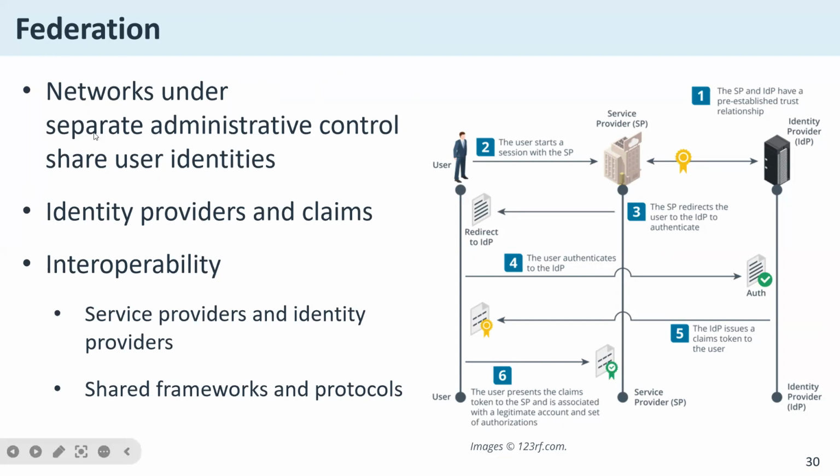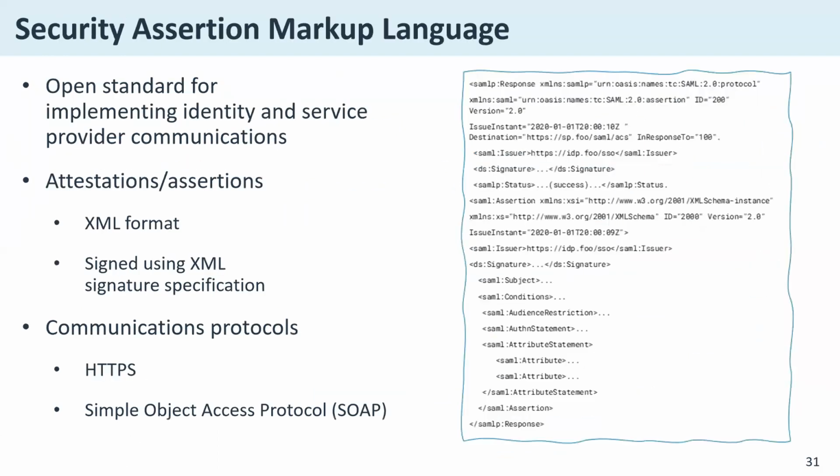Networks under separate administrative control share user identities, right? So one of the ways this can be possible is using the Security Assertion Markup Language. So here, this is an open standard. What it does is that we want to be sure that you are who you say you are. So the federated identity uses this kind of system, and it comes in very clear XML format.